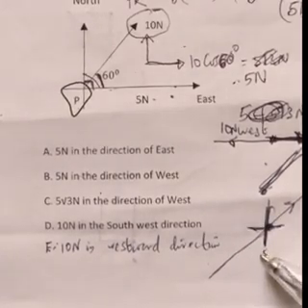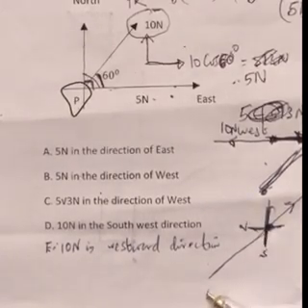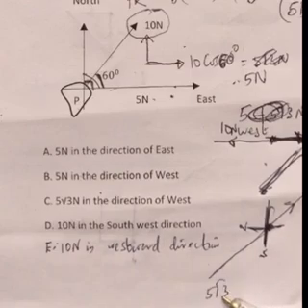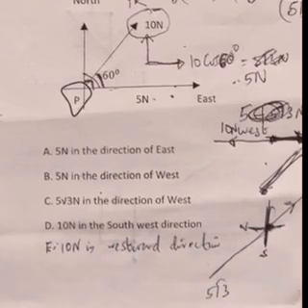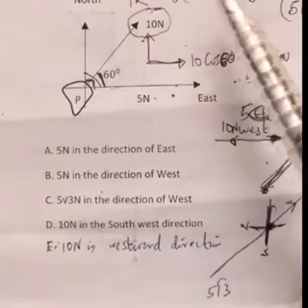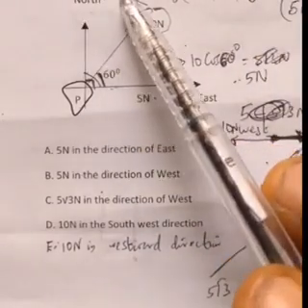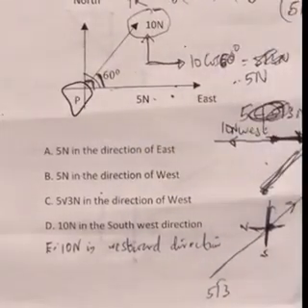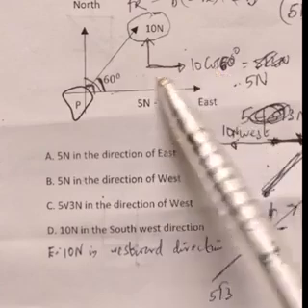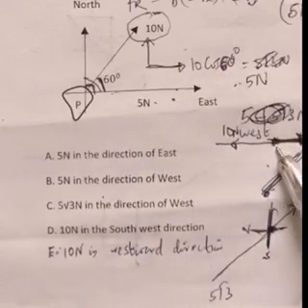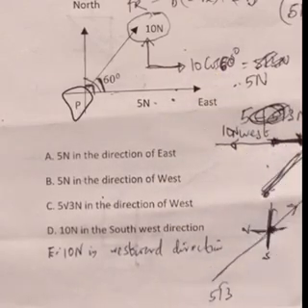This is southwest. We need 5 root 3 Newton in the southwest direction. But the question says, what force is needed to stop the body from moving eastward? So we have to look for the total force eastward, which is this 10 Newton. Then the opposite should be 10 Newton westward.